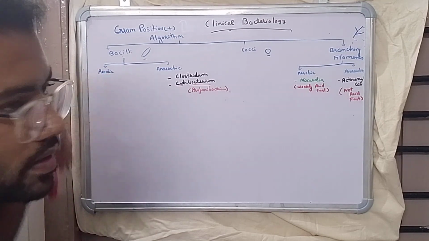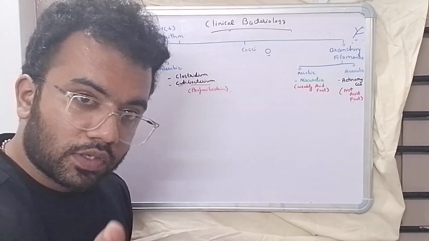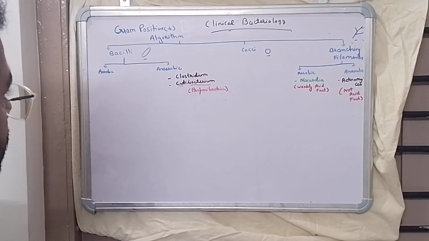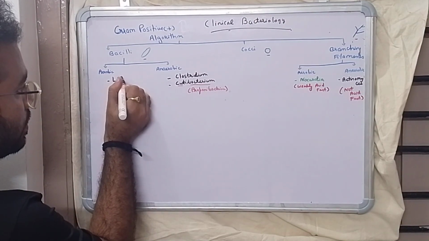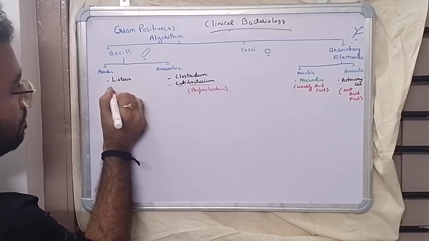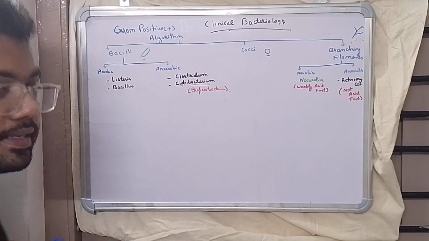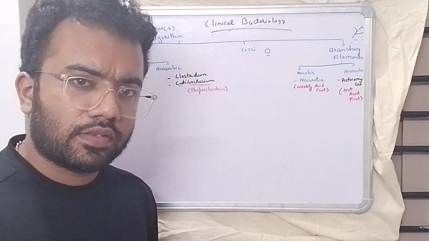Now we will give examples of aerobic gram positive bacilli. We will write in black only. The examples are Listeria, Bacillus, not bacilli, it's Bacillus, and another great disease, diphtheria.